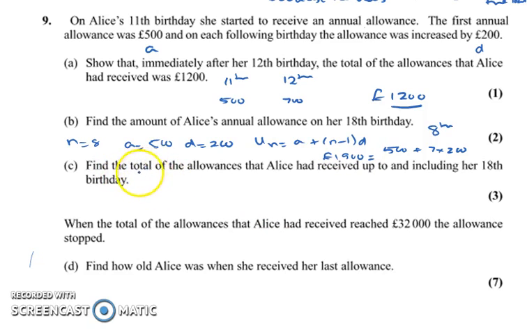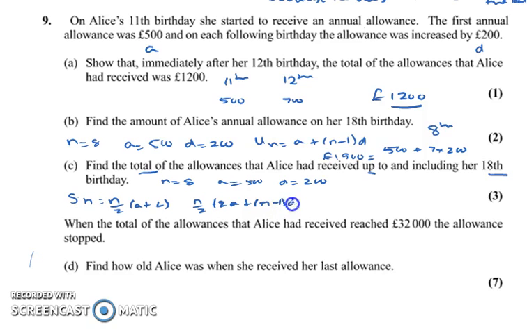Okay, part C, find the total of the allowances that she receives up to and including her 18th birthday. So n equals 8, a equals 500, d is 200, and because it's the total, we're using Sn. Because we know the first term and the last term, we could just use Sn equals n over 2 a plus l, or we could use the other sum formula, n over 2 2a add n minus 1 d.